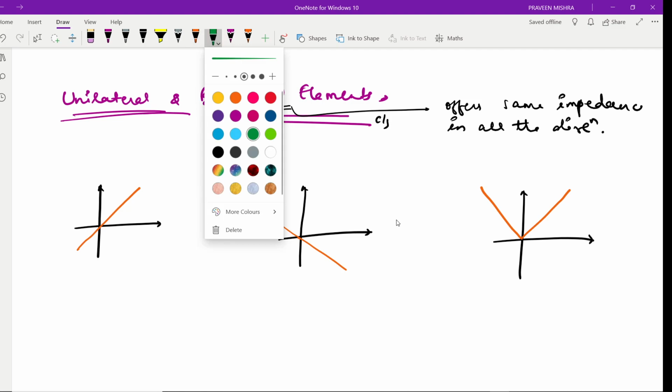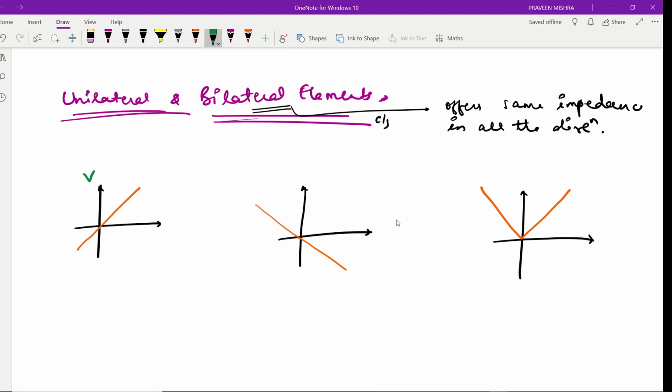This one is the VI plot of different elements. What is a bilateral element? Bilateral elements offer the same impedance in all directions. If it is not offering the same impedance in all directions, then it will be a unilateral element.